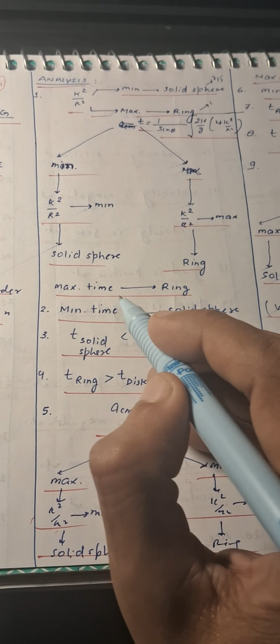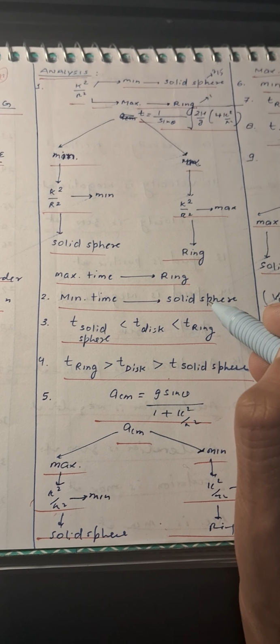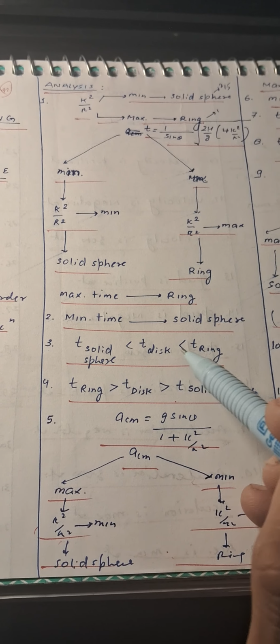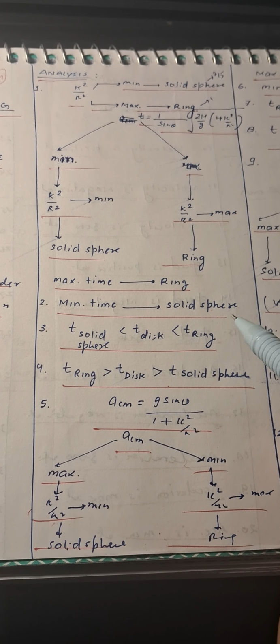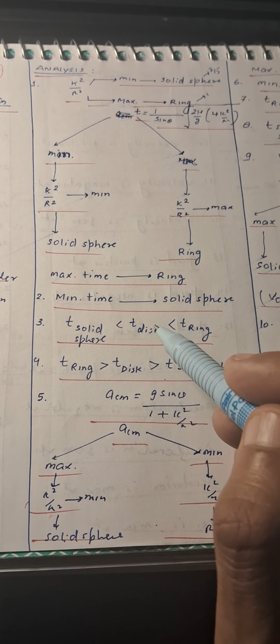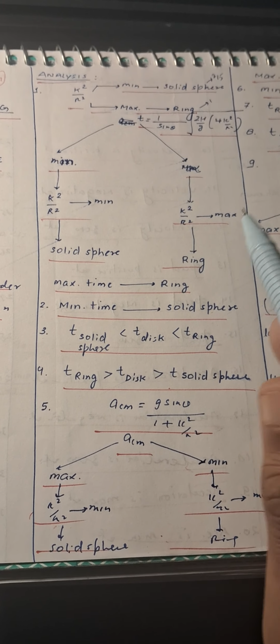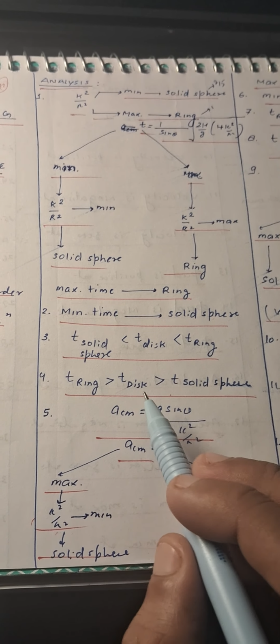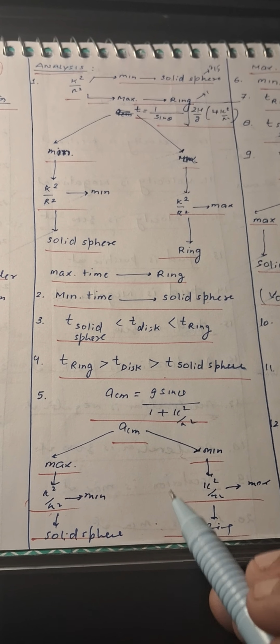So we can say that maximum time will be taken by the ring and minimum time by the solid sphere. Now arranging in ascending order, solid sphere will take the least time, ring will take the maximum time, so disk will be in between. That will be the ascending order of time taken to move from the top to the bottom. Then descending order: ring maximum, then disk, then solid sphere.